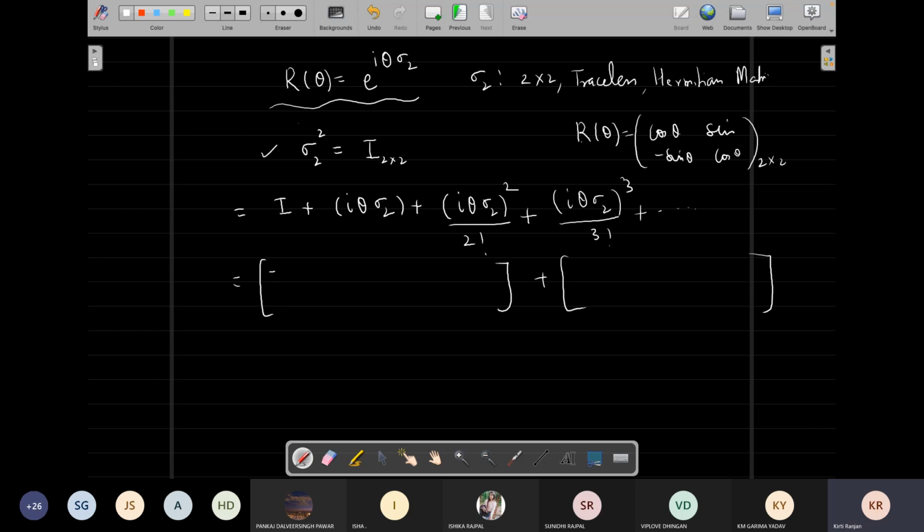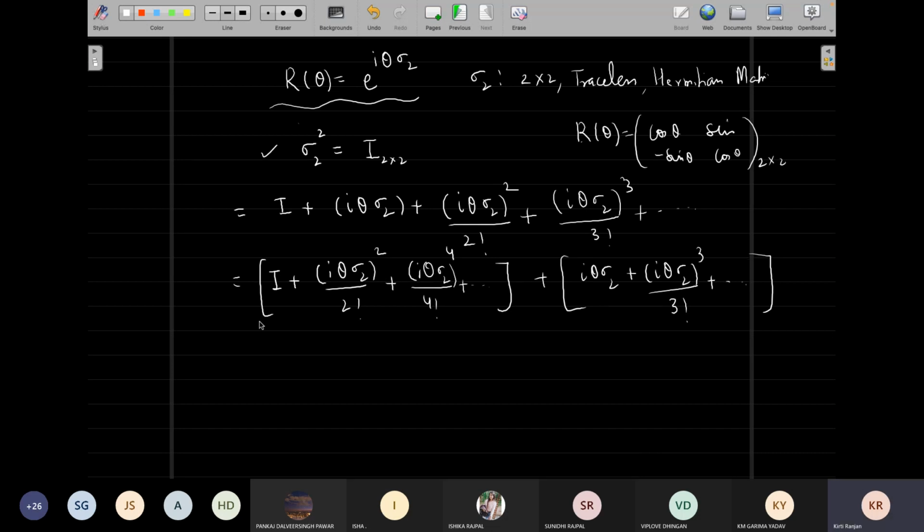So even terms first: (i theta sigma 2) square over 2 factorial. What will be the next term here? (i theta sigma 2) to the power 4 over 4 factorial, and so on and so forth. And here, the odd terms: i theta sigma 2 first term plus (i theta sigma 2) cube over 3 factorial, and so on and so forth.